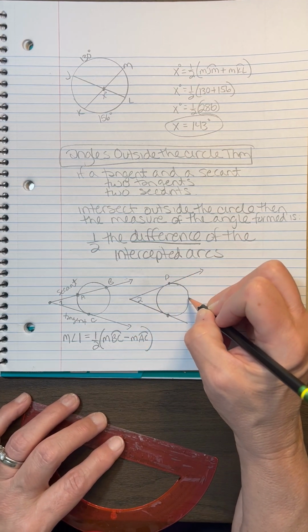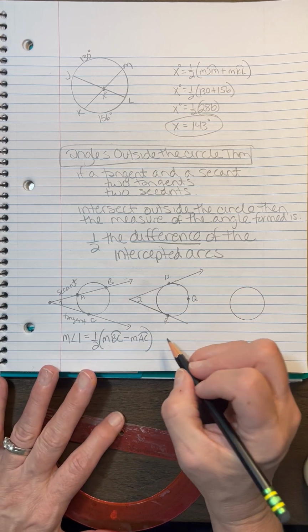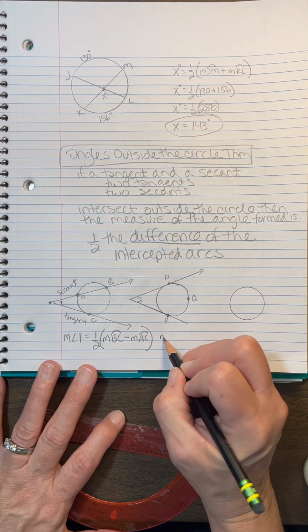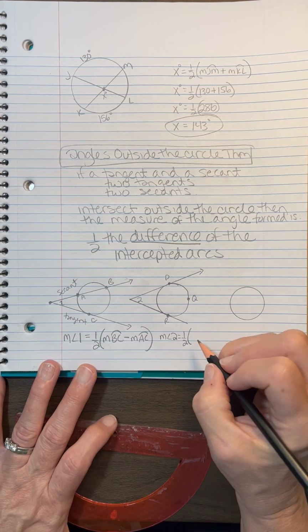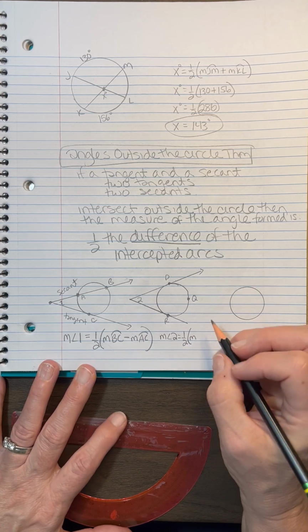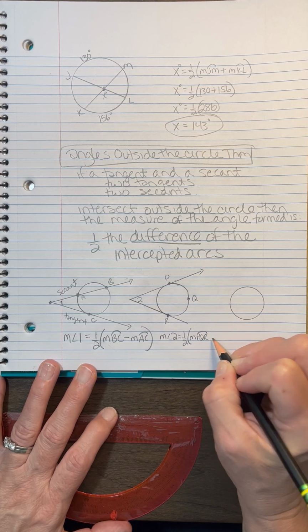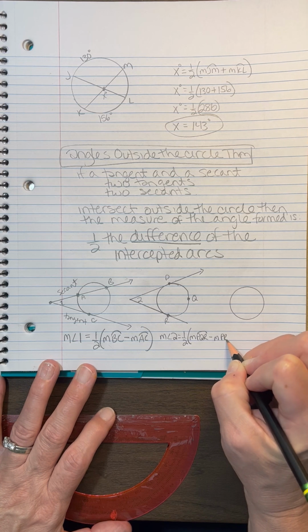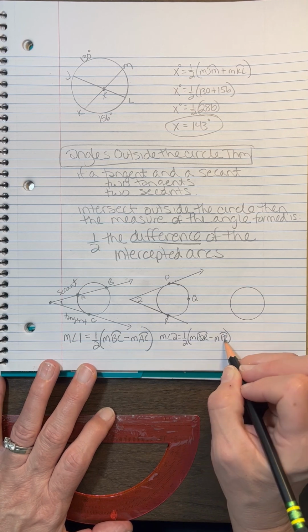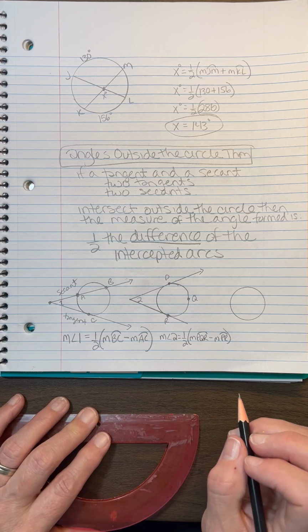P, Q, R. And what we can say is the measure of angle 2 then is 1/2 the measure of arc PQR minus the measure of arc PR. Again, bigger arc minus the smaller arc.